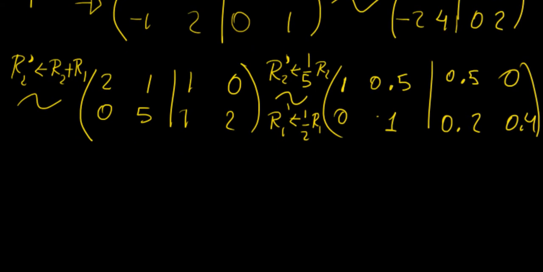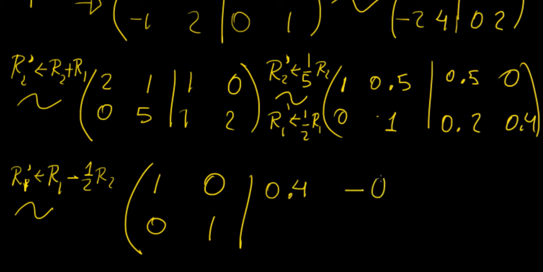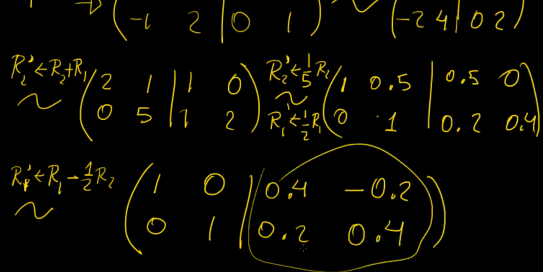And then finally, sorry, this should be R1 minus half of R2. So this row minus half of this, so that's going to be 1, 0, 0, 1. Then we're going to have 0.4, minus 0.2, then 0.2 and 0.4. So this right here is going to be our P inverse.